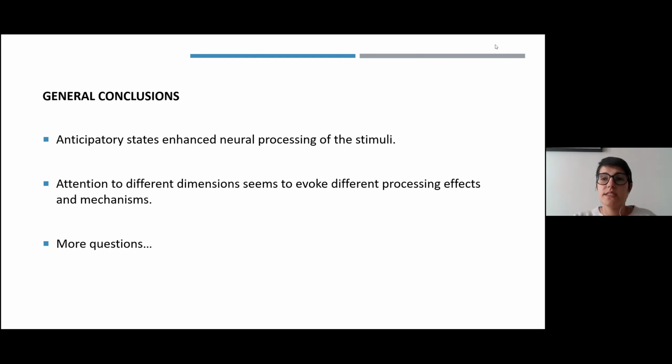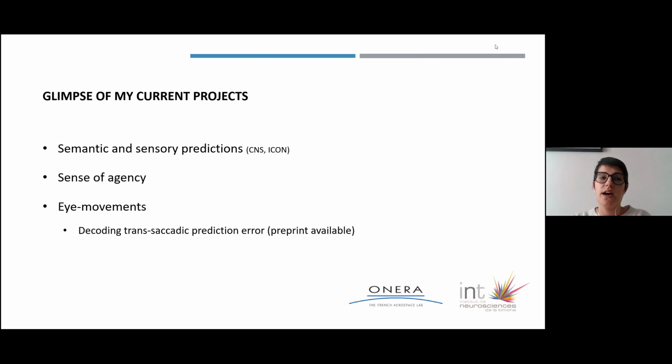And this brought us more questions actually, and that's what I'm working on now. So one thing is that I presented here how people attend to space and how people attend to time, but you can imagine that there are different types as well, different dimensions. So how people attend to semantic categories.